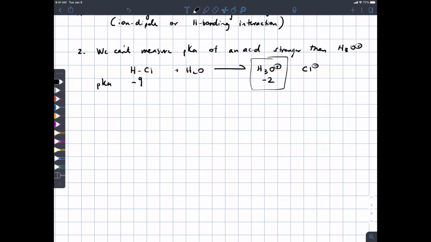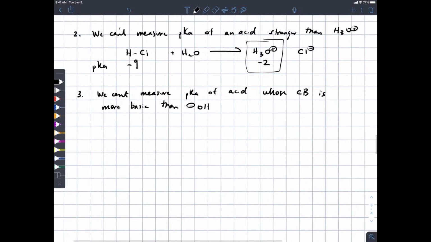Similarly, we can't measure the pKa of an acid whose conjugate base is more basic than hydroxide. Because, again, imagine taking tert-butoxide.